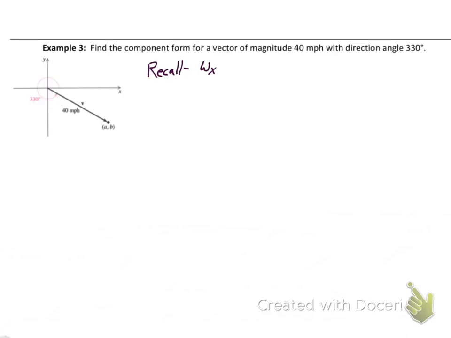Our horizontal component equals our magnitude times cosine of our angle, and our vertical component equals our magnitude times sine of our angle. But I just showed you that my horizontal component is really just my A value.